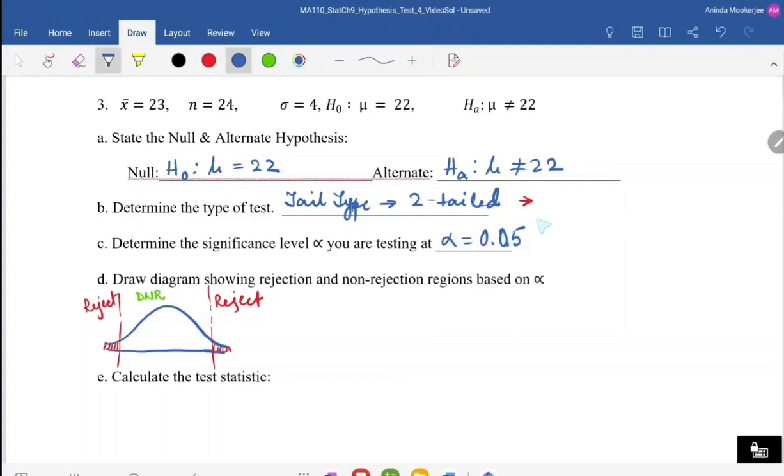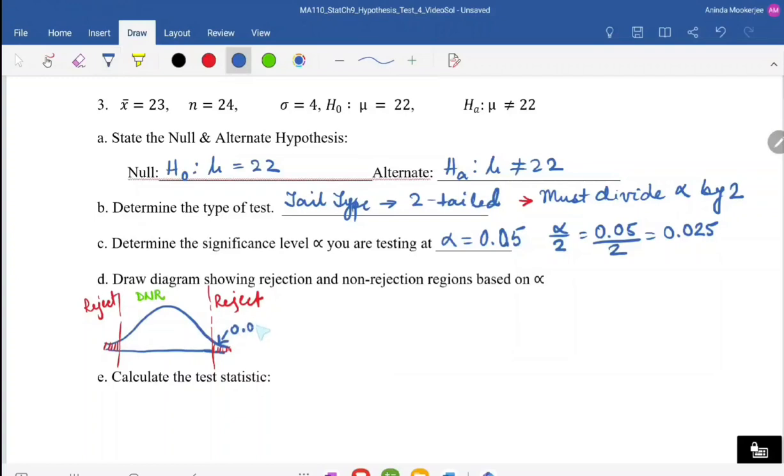For a two-tailed test, must divide alpha by 2. Okay, so we are going to have alpha by 2, which is 0.05 by 2, which is 0.025. So each of these areas of the reject region on each side is going to be 0.025, and it's going to be alpha by 2 rather than the alpha value we are using.